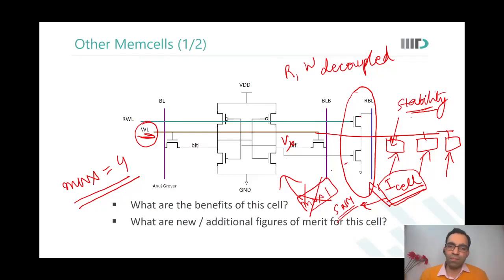Sir, since my reading and writing are decoupled, to improve my write, I can now increase the pass gate size. Yeah. But as we just said, if mux is greater than 1, then you can't do it because of the stability constraints. You will still need to maintain the beta ratio for the other 3 unselected columns.